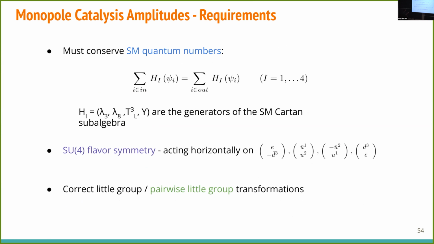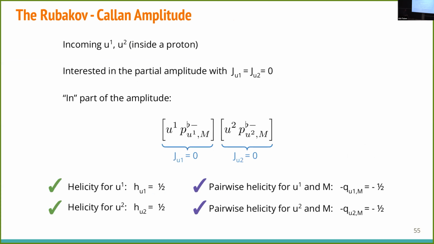So putting in the standard model charge conservation, this horizontal symmetry, which is not something extra that we put into the problem, we get monopole catalysis. So in the same way that we wrote the amplitude for the helicity flip, we can write the in state, which conforms with the transformation rule that we need for the S matrix.